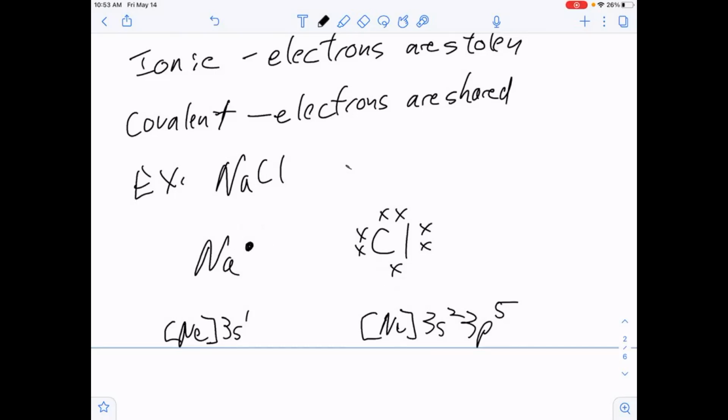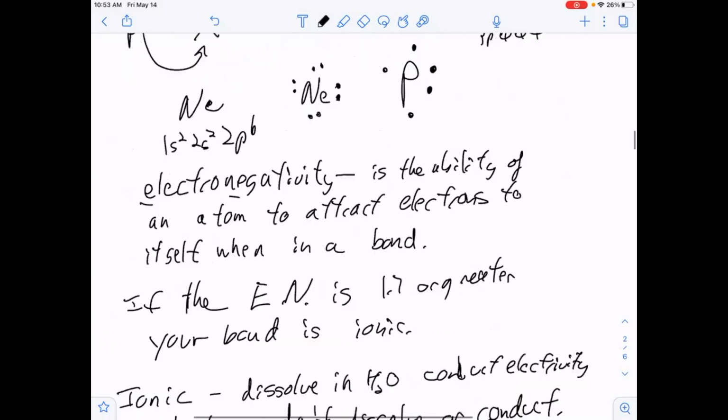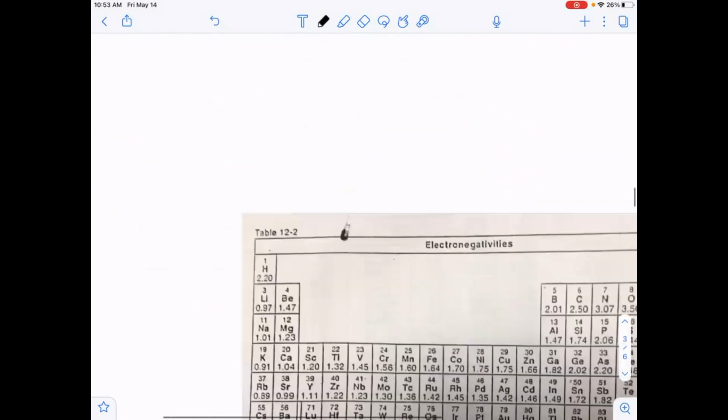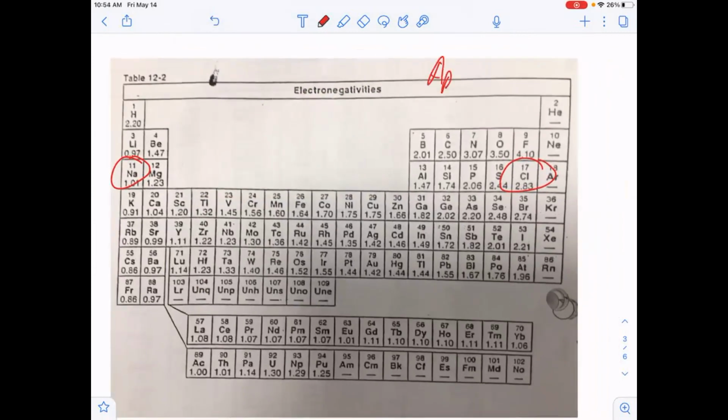So what we have to do is find the electronegativity difference of sodium and chlorine. Here's my chart. Sodium is 1.01, chlorine is 2.83. That's Appendix O. You wouldn't have to memorize these. This is something you would look up.